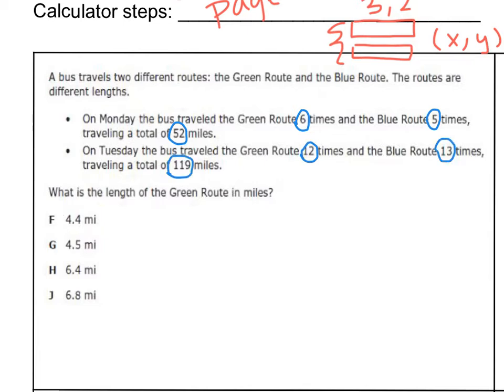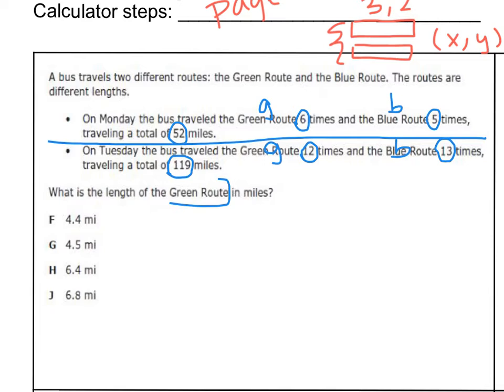So we can tell these are going to be two different equations because they're on two different bullets of information. If we call the green one G and the blue one B, then we can write out our equation. It's asking what is the length of the green, so that's going to be our letter G. So we have 6 times the miles of the green plus 5 times the miles of the blue route is equal to a total of 52.